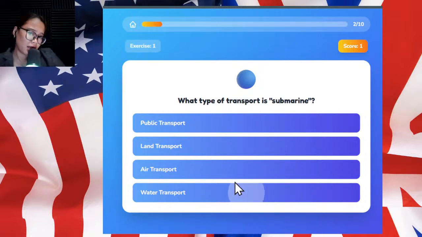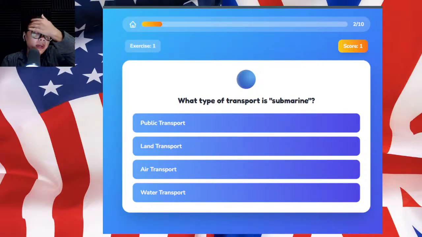Why do you think it is water transport? Because submarine by definition travels deep underwater. In comparison to other water transportation vehicles that stay on top of the water, a submarine is built to sink below the surface and move through the dark ocean. So it is basically a submersible machine.